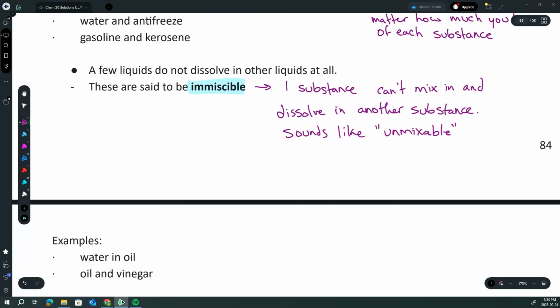So some examples of that would be water and oil or oil and vinegar. No matter how much you have of either of them, you're not going to get that oil to dissolve in either the water or the vinegar.